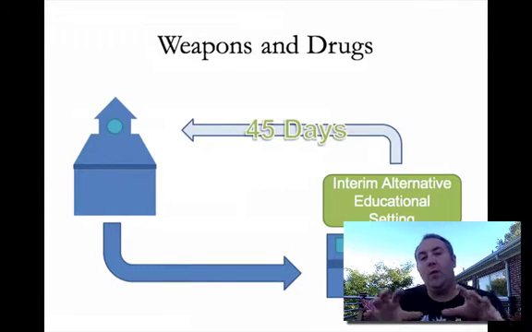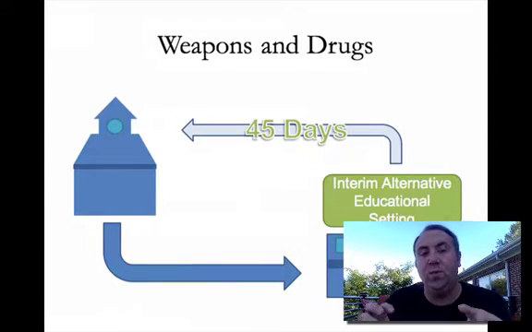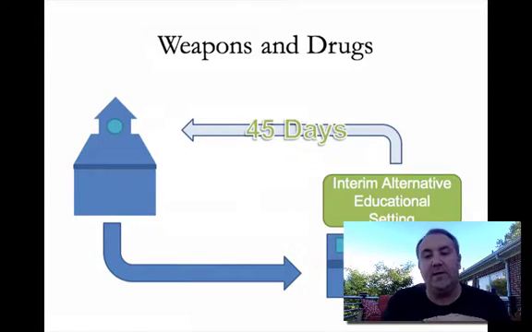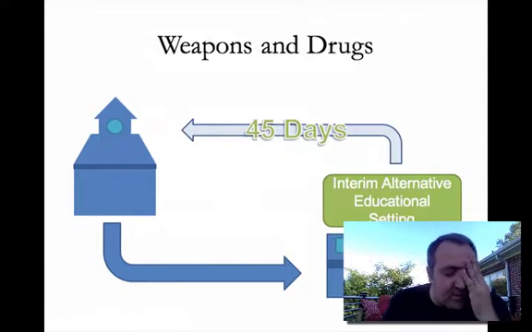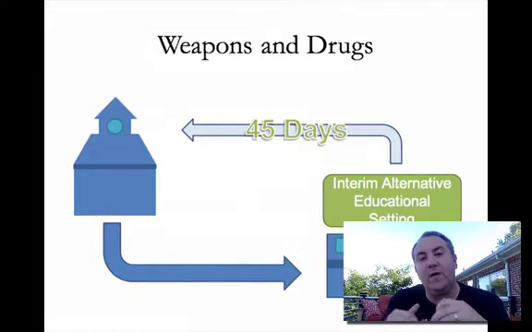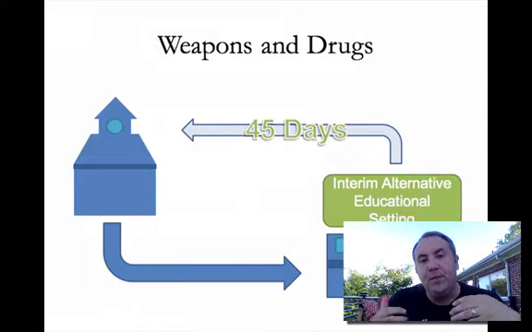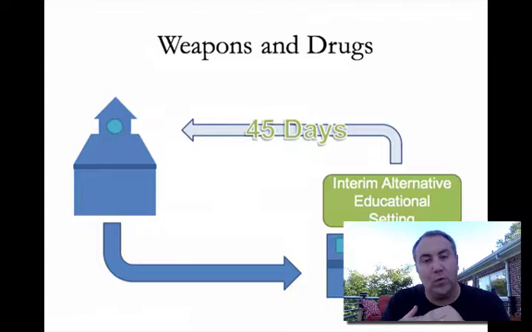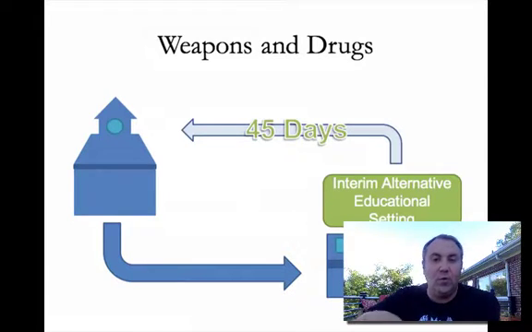Okay, super. The one big caveat to that here is weapons and drugs. There's a little graphic here that shows what's going on. When it comes to students with disabilities that bring weapons or drugs into the school environment, there is a 45-day interim alternative educational placement that you can do. That might be in an alternative school.